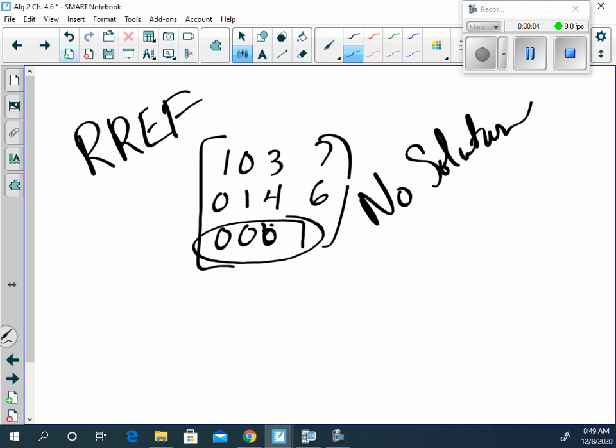So this reduced row echelon form is easier to work with, especially if we're trying to navigate between all real and no solution. But here we're not going to have the all real case. So if it doesn't work out, it's no solution. But that's it.